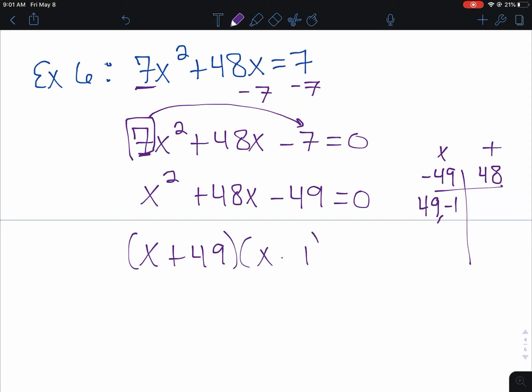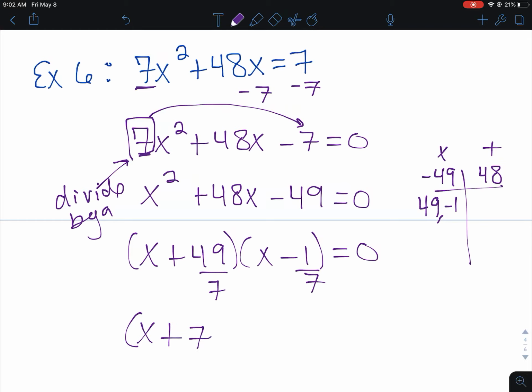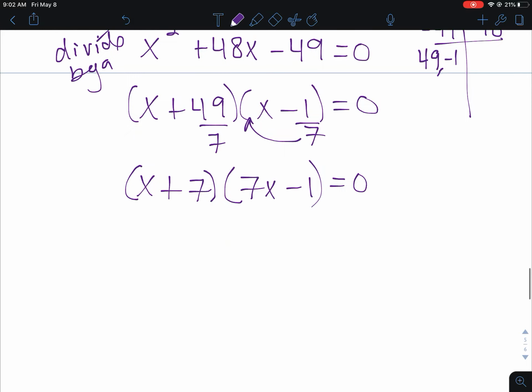All right, so x plus 49, x minus 1, and then we're going to divide by a, which was 7. So 49 sevenths is really 7. One seventh, that doesn't divide, so I'm going to bring the denominator to the front of the x as the coefficient, and we get 7x minus 1.